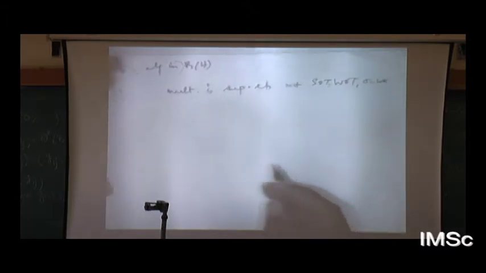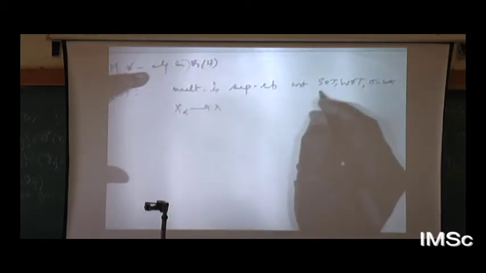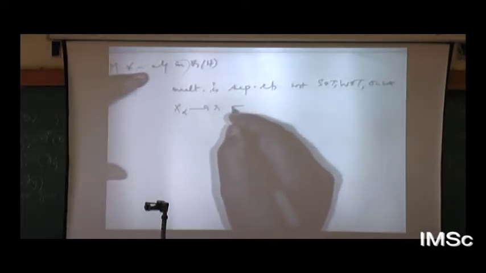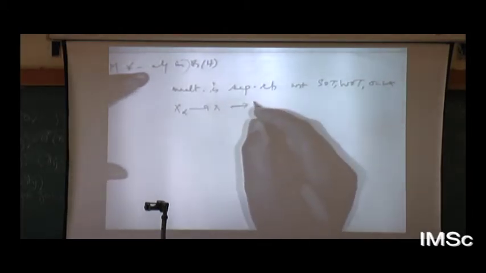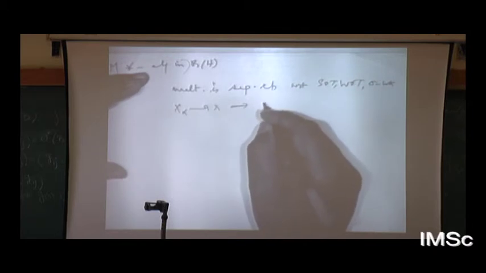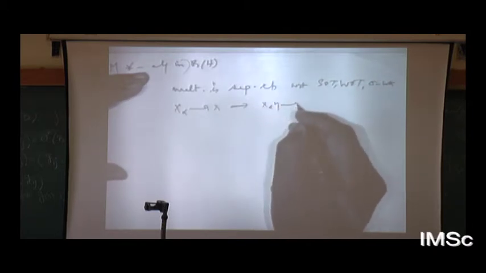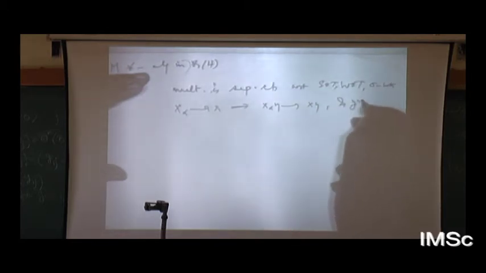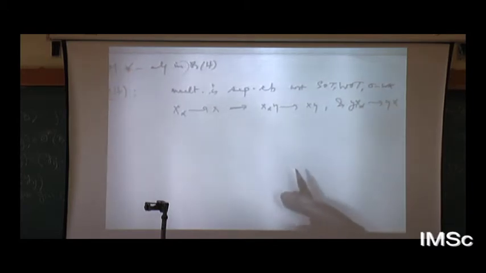By that, what do I mean? I mean, if X alpha converges to X in any of these topologies, and if Y is something else in B of H, then X alpha Y will converge to XY and Y X alpha will converge to YX in that topology.